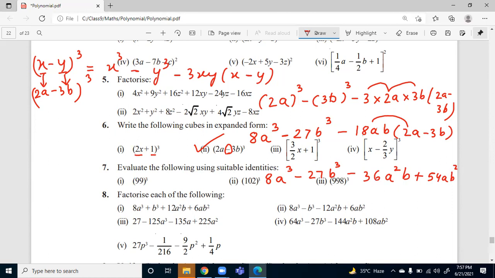So don't forget anything. 18 into 3 is 54. Minus and minus will make plus. Ab into b is ab square. Okay, so let's proceed to the third part, and I want to complete this question.